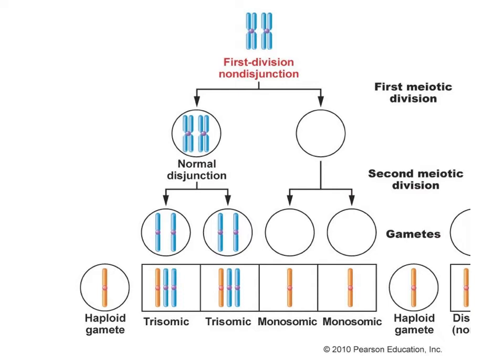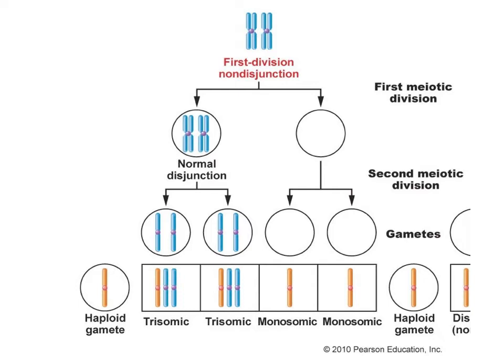Because when that cell undergoes the second meiotic division, all that happens is each of those 2 replicated chromosomes is pulled apart, okay? With half going to the left, half going to the right, and you're going to end up with both of those gametes having 2 copies of that chromosome from the single parent, okay? And if it fuses with a normal haploid gamete on the bottom left, you end up with trisomic individuals, okay?